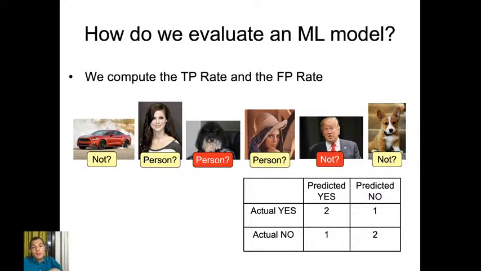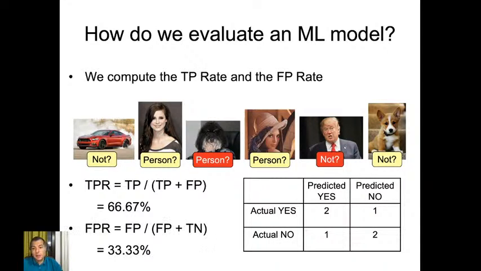Okay, so another way to look at this is to compute the true positive rate and the false positive rate. The true positive rate is equivalent to recall, and the false positive rate is the number of false positives divided by the number of negative examples, so these are false positives and true negatives. Once again, these are complementary metrics.